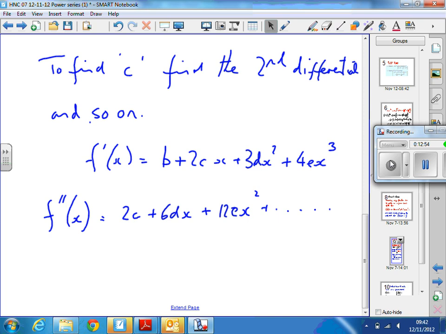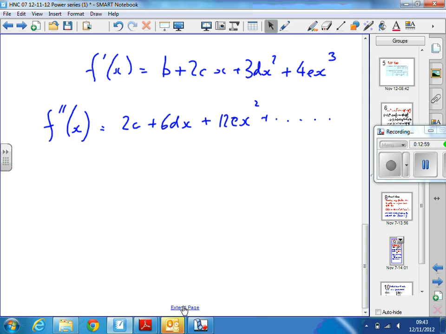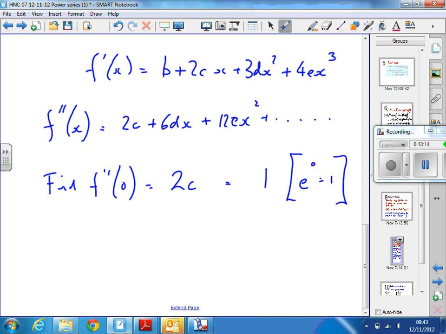So what does c equal? So now find f double prime when x equals 0. That's just going to equal 2c, but that equals 1 because e to the power 0 is 1. So 2c equals 1, so c equals a half. So we found the value for c. So a equals 1, b equals 1, c equals a half.